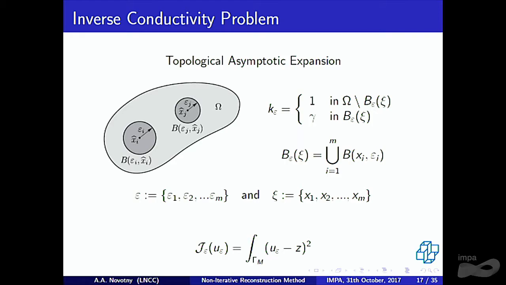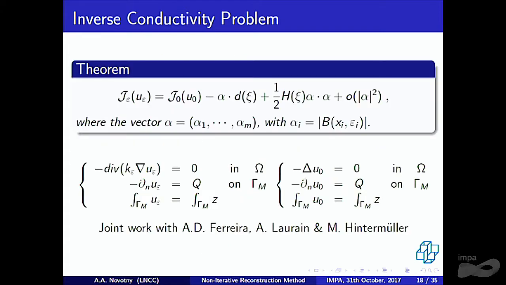And then from these elements, we can state this result, where the shape functional associated to the perturbed domain can be expanded asymptotically in this way, which is approximated by the shape functional associated to the unperturbed domain. This term can be seen as the first order topological derivative. D is the topological derivative, which depends on the locations.